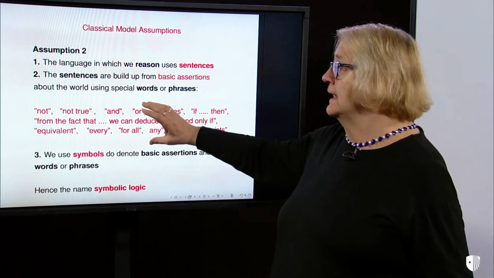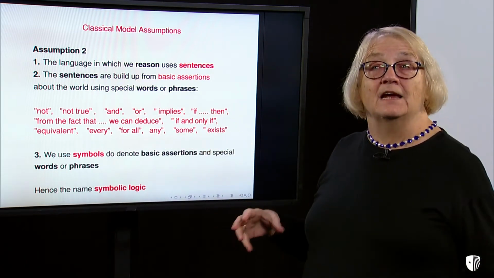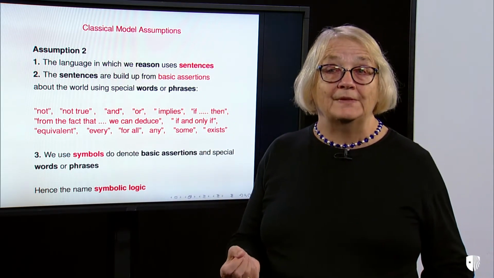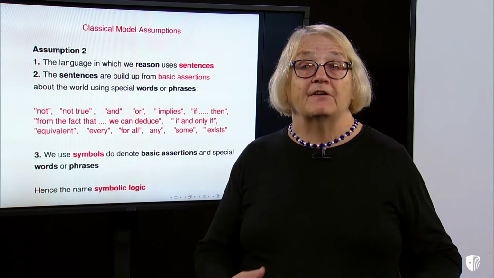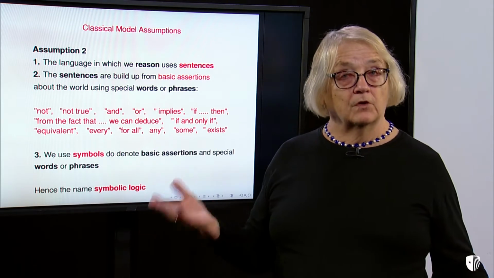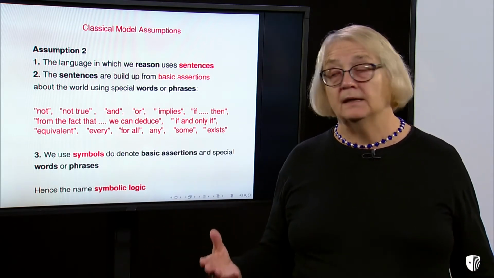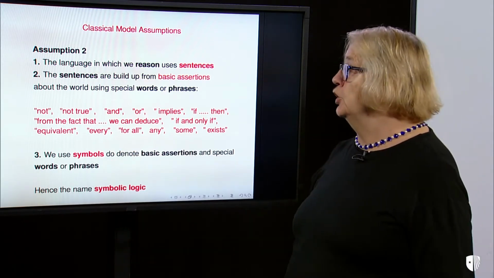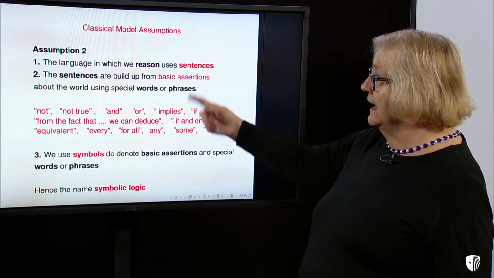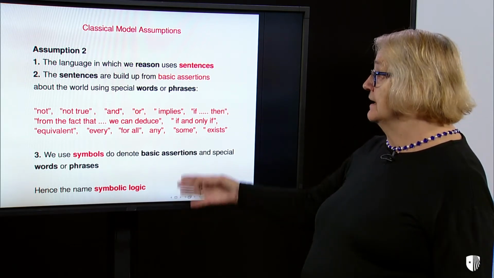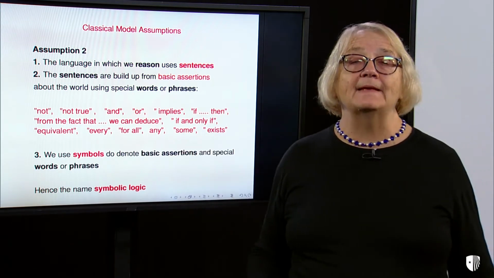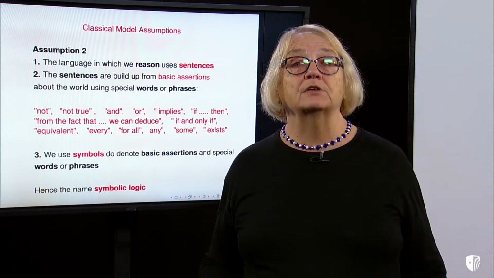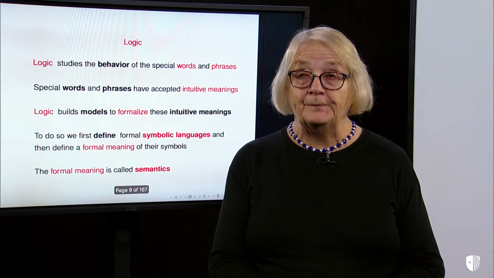These are the special phrases we use to build more complex sentences from very simple sentences. And of course, logic is symbolic, so we use symbols to denote the basic assertions and all those words and phrases, and that's why we talk about symbolic logic.